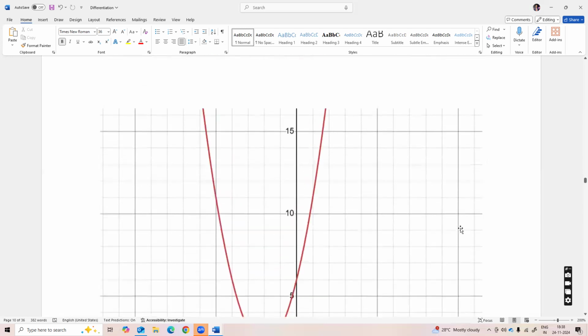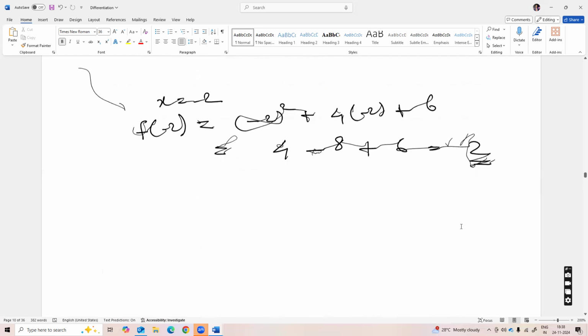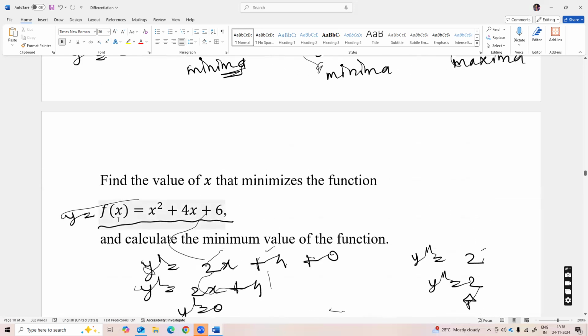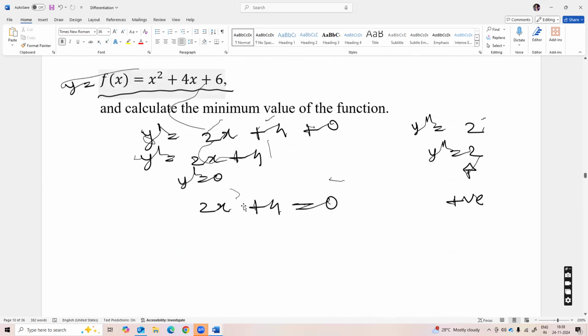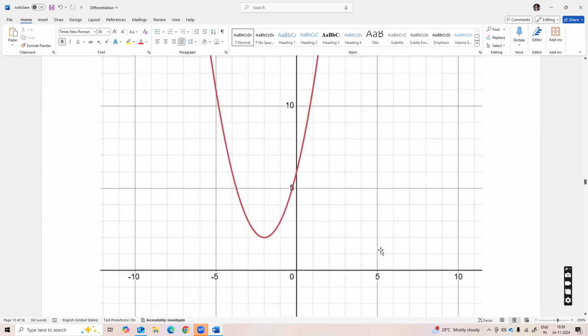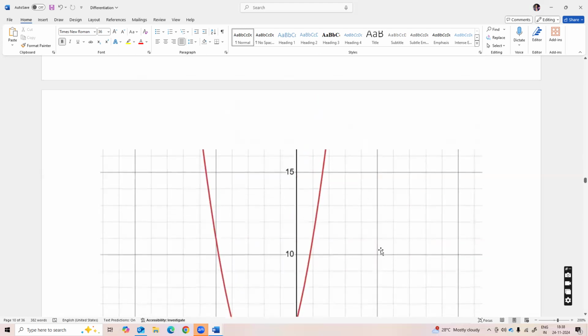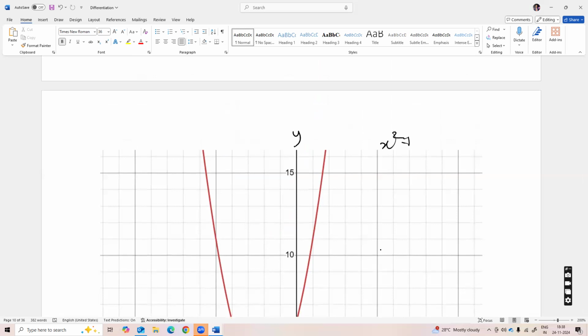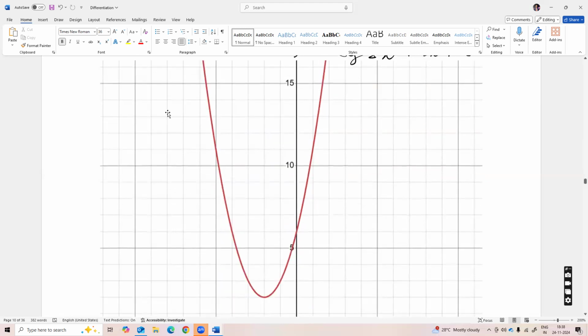If we draw this function f of x equal to x square plus 4x plus 6, it will look like this. Here this is the x-axis, this is the y-axis. If you draw y equal to x square plus 4x plus 6, the graph will look like this.